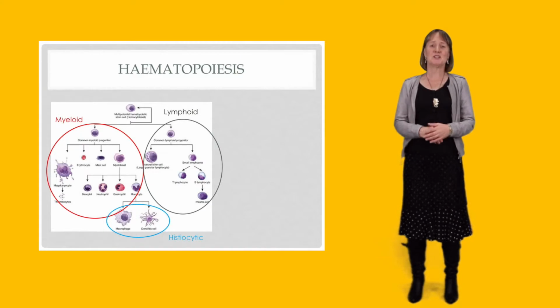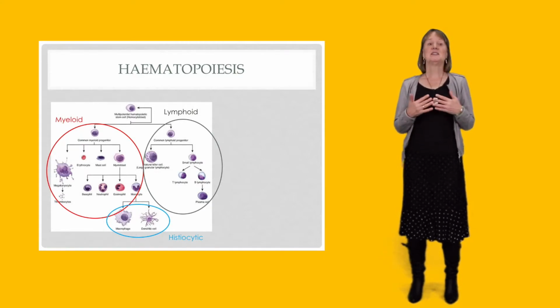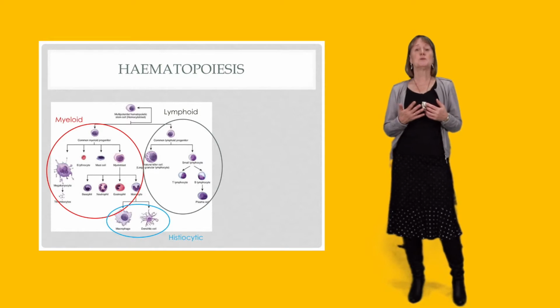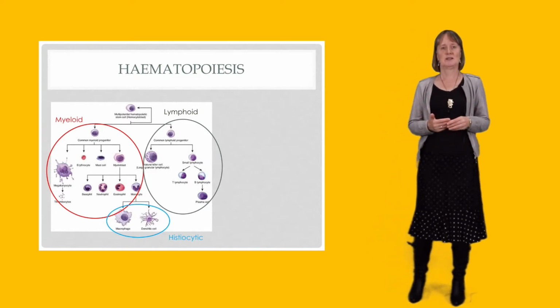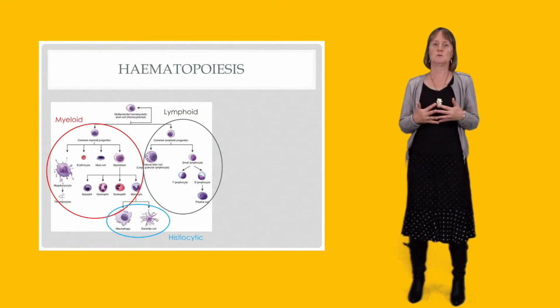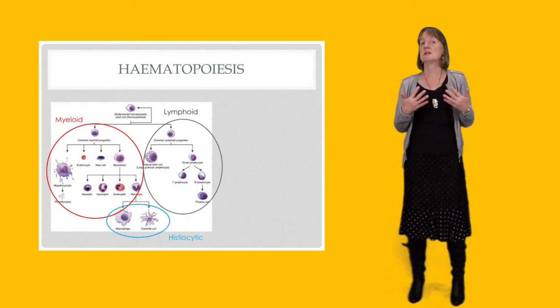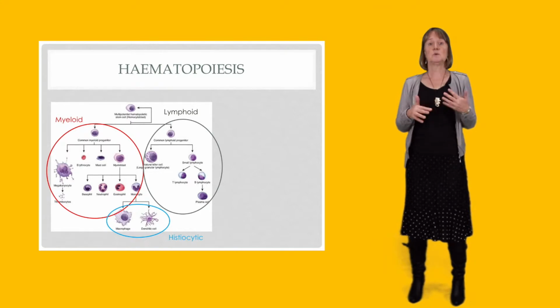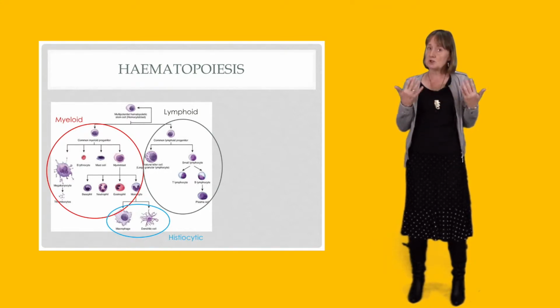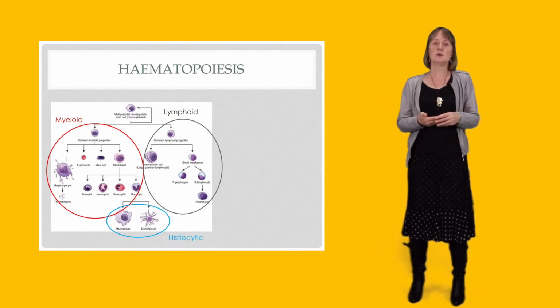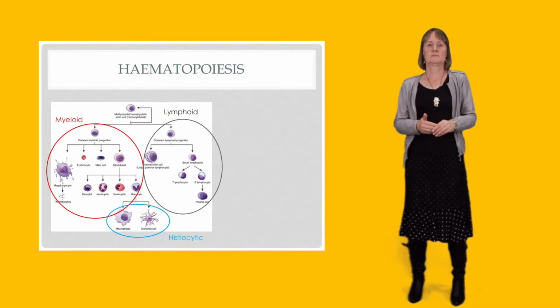So the first concept I'd like to talk about is lineage. And the diagram here is a diagram of normal blood cell production. And it's really helpful to spend a bit of time on this because it does help us understand abnormal blood cell production. So at the top we've got our multipotent hemopoietic stem cell, which is capable of reproducing itself, but also under the appropriate stimuli within the bone marrow of differentiating into either a myeloid progenitor cell or a lymphoid progenitor cell.